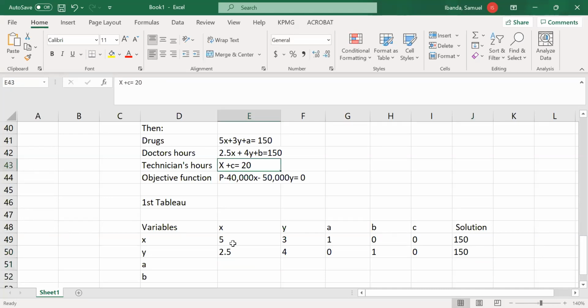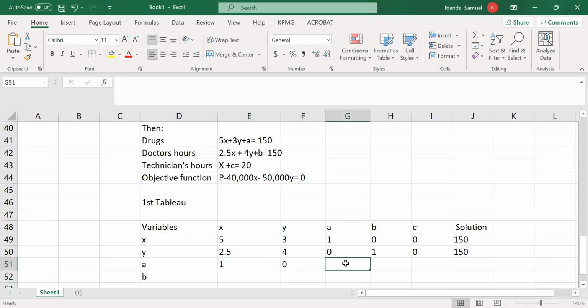Then here, technician's hours, which is our third equation, right here, we are going to see that we have 1. Okay. Here we don't have anything.